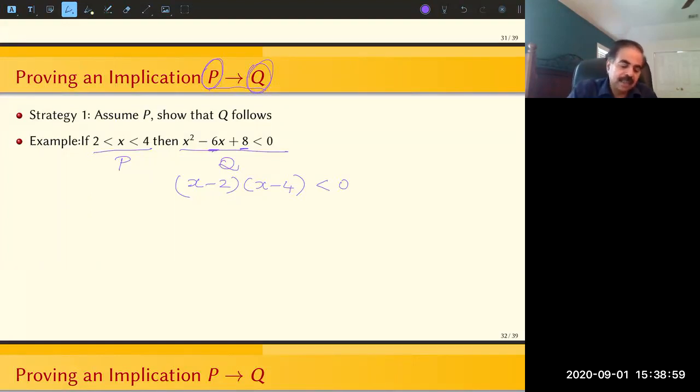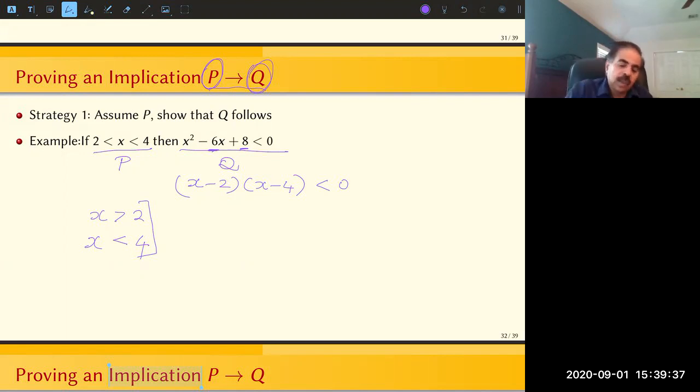So let's assume that P is true, which means that P says x is greater than 2 and x is less than 4. Let's assume P and then try to reason about the sign of Q. Is it positive or negative, assuming P is true?